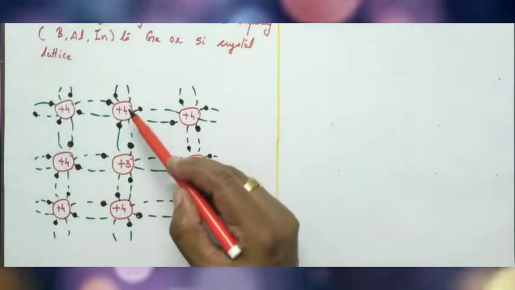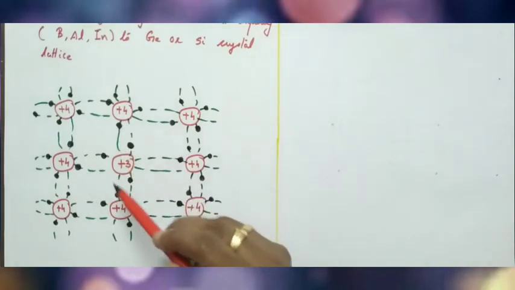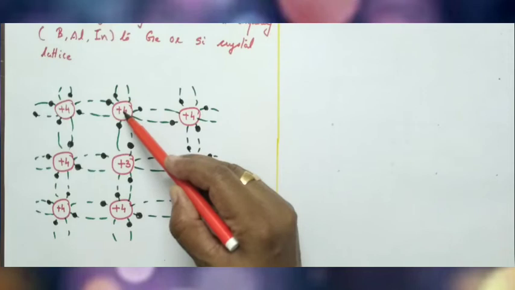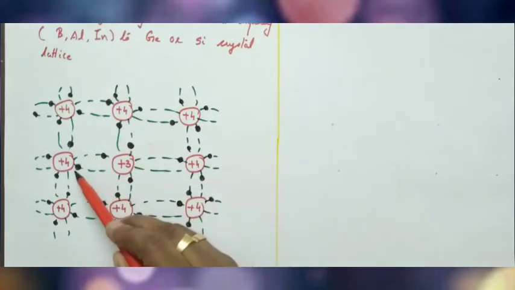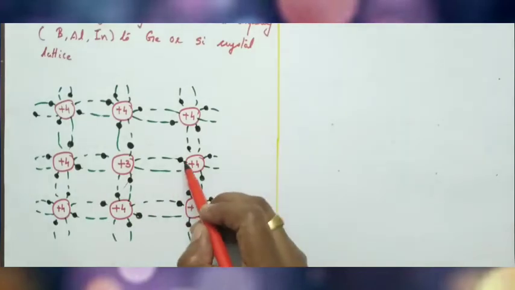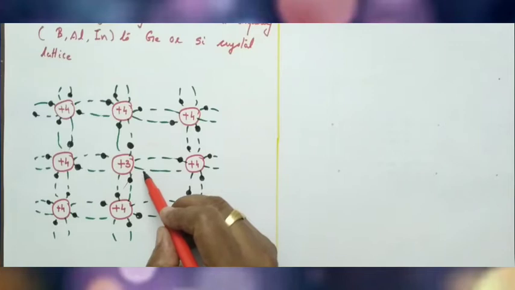The 3 electrons form 3 covalent bonds with the 3 neighboring silicon atoms. This electron forms a bond with this electron of the silicon atom, and here also a covalent bond is formed. But for the fourth silicon atom, which gives an electron, there is no electron to give, so there is a vacancy of electron.